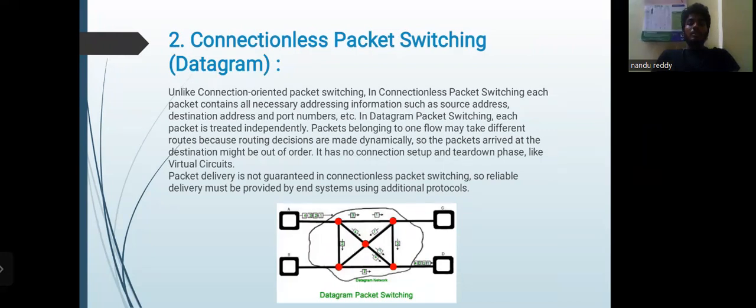This is the second one, connectionless packet switching. Unlike connection-oriented packet switching, in connectionless packet switching each packet contains all necessary addressing information such as source address, destination address, and port number. In datagram packet switching, each packet is treated independently. Packets belonging to one flow may take different routes because routing decisions are made dynamically, so packets may arrive at the destination out of order.